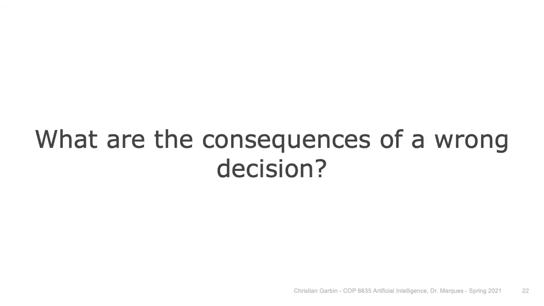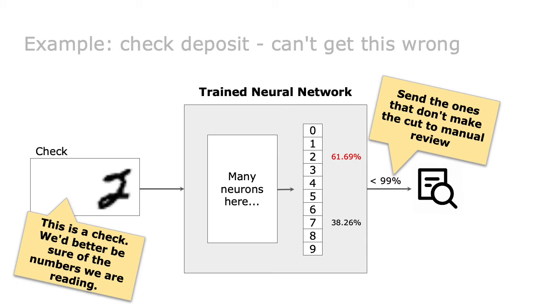Well, the answer, as with many things in life, is it depends. And it depends mainly on what the consequences of a wrong decision are. Let's say, for example, that our model is being used in a check deposit application. So we run the handwritten digits in a check through the model to figure out what is the number on that check that's being deposited or withdrawn.